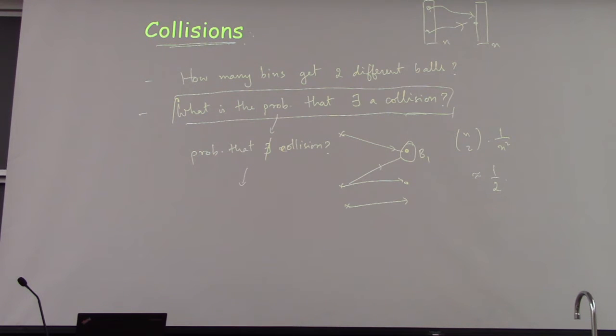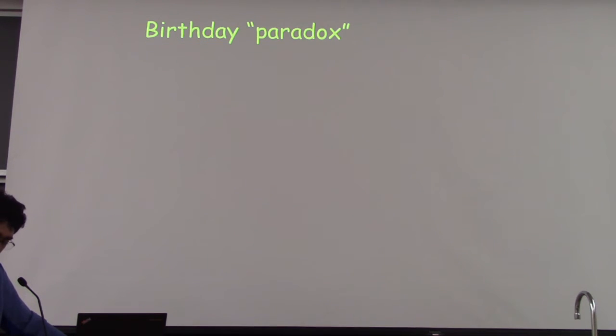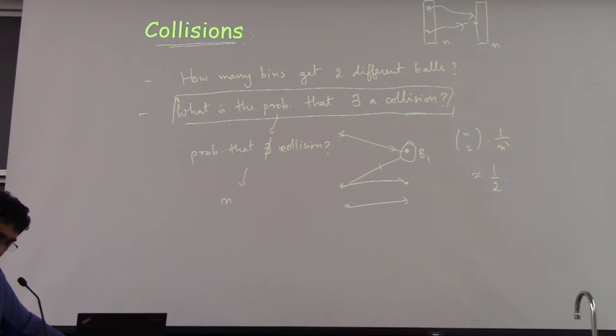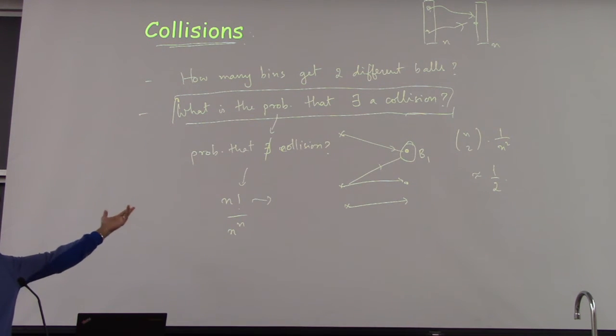If you don't see this, think about it for a minute. This probability is exactly equal to n factorial divided by n to the n. n factorial is the number of permutations, the number of valid things, when there is no collision, and n to the n is the total number of mappings possible.